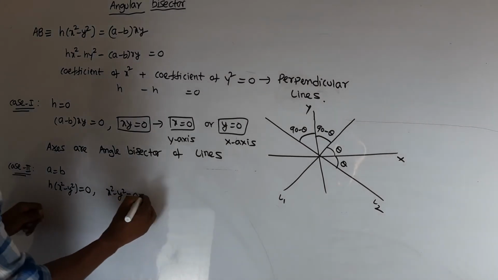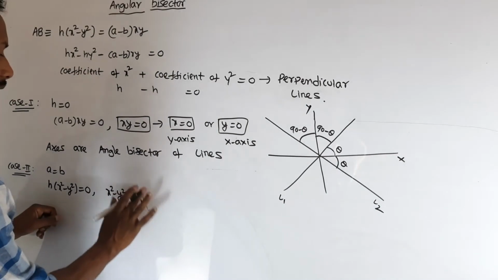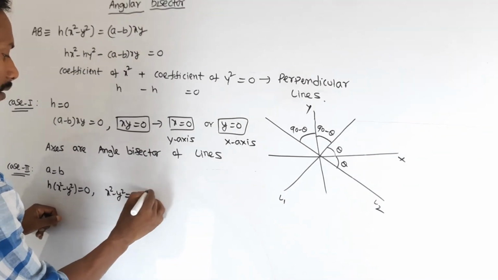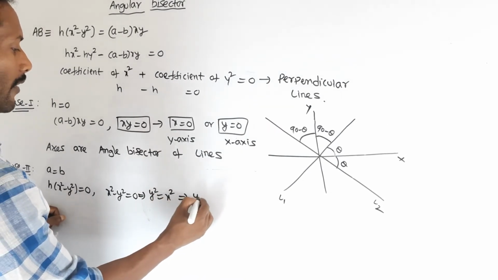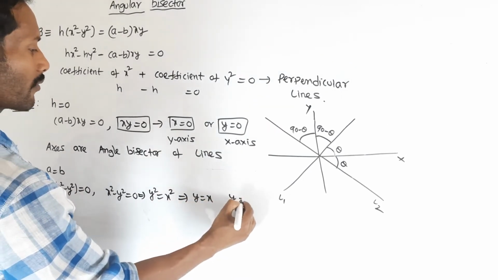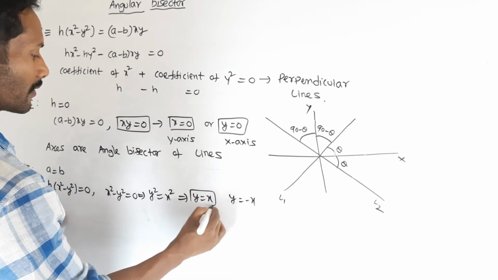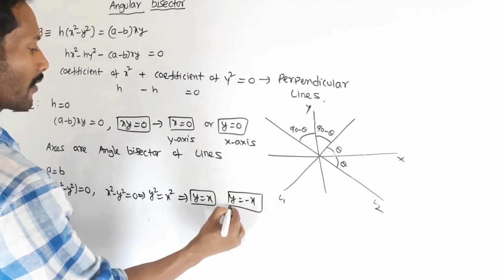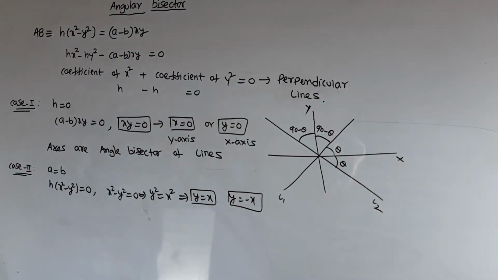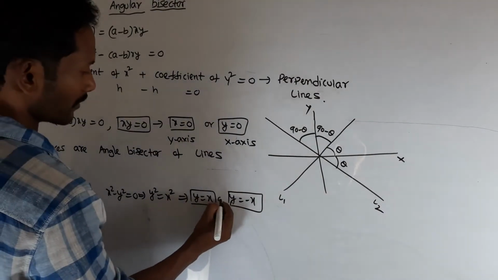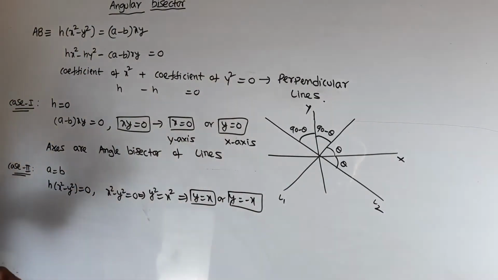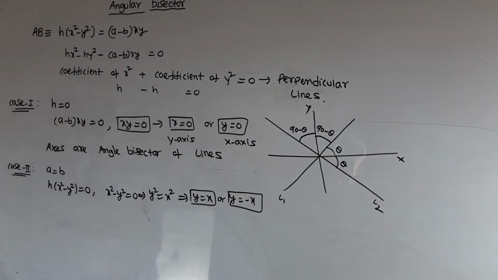Now this will be y square equal to x square. So y equal to x and y equal to minus x. Lines are coordinate axes. In this case, lines are coordinate axes.